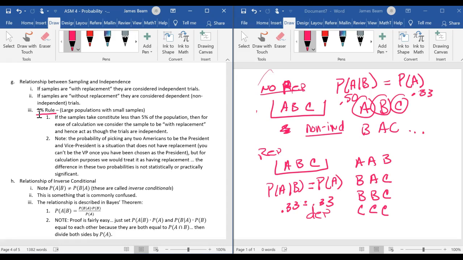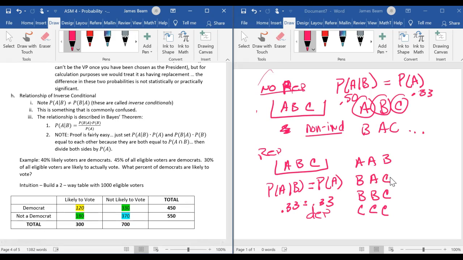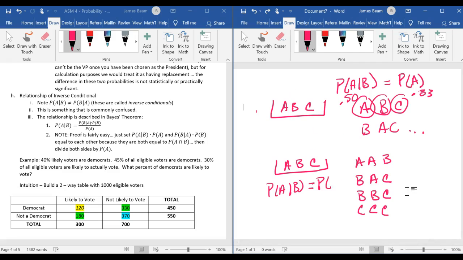So you can ignore the conditional probabilities if the sample you're taking is less than 5% of the population. It makes the math easier. It's one of these places where you hand wave a little bit, but it makes computations so much simpler. So that's the break point: if your sample is less than 5% of the population.